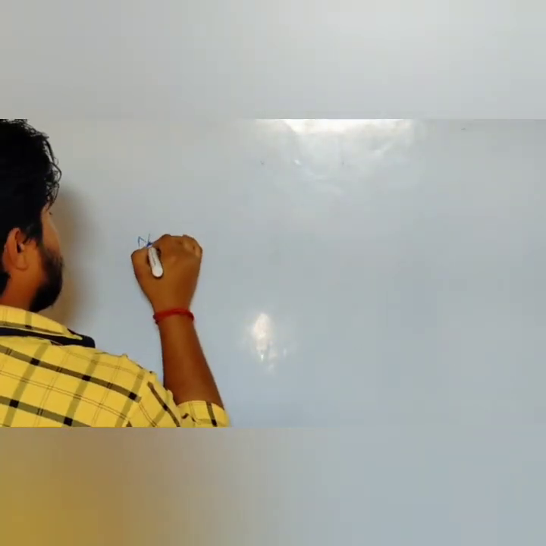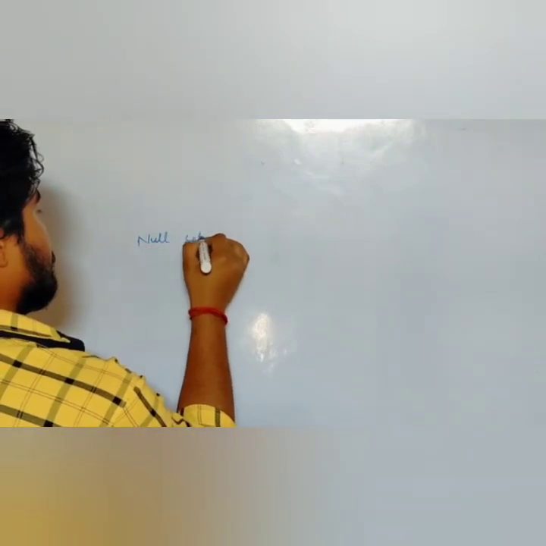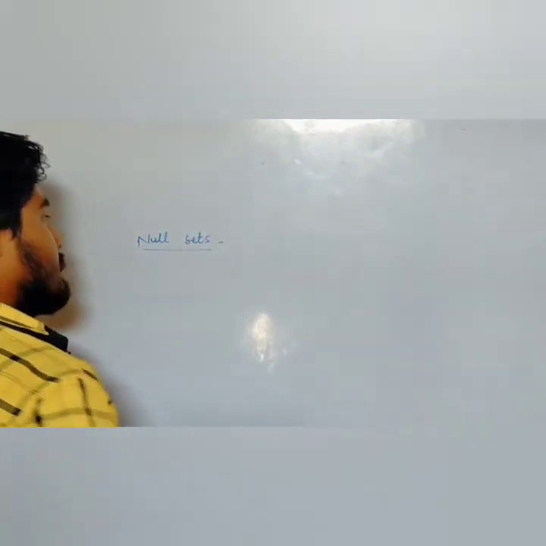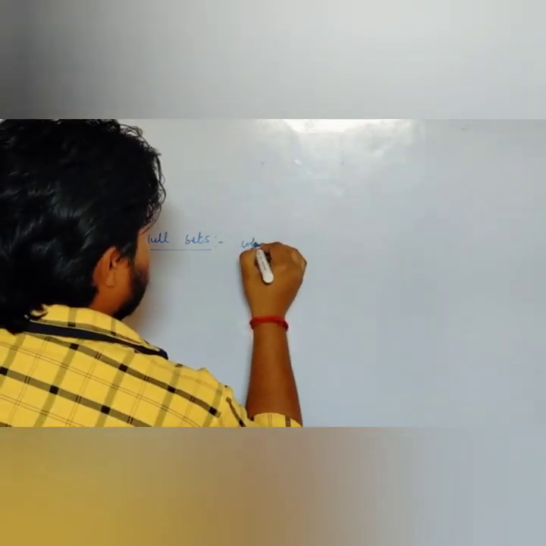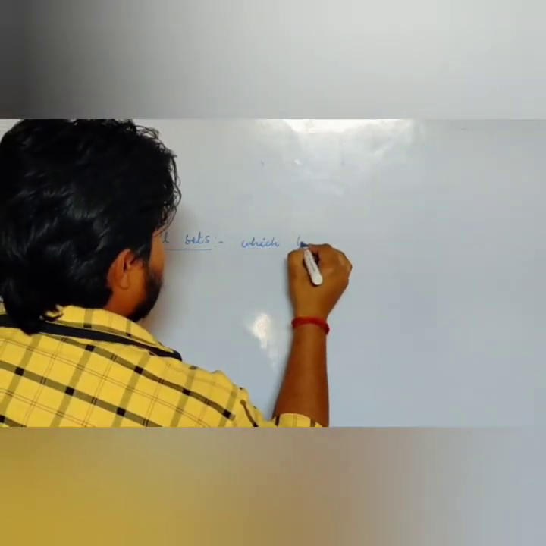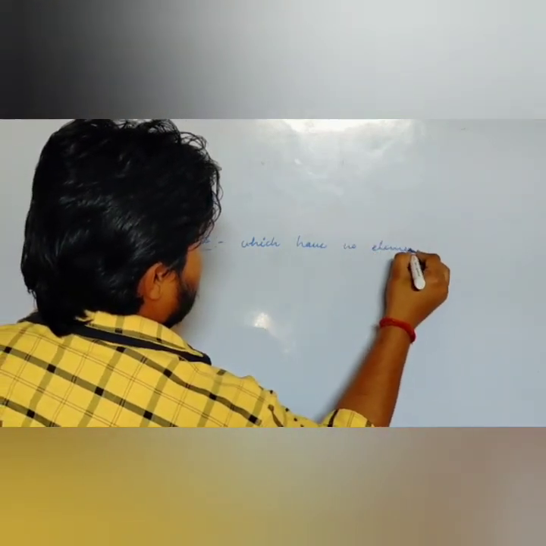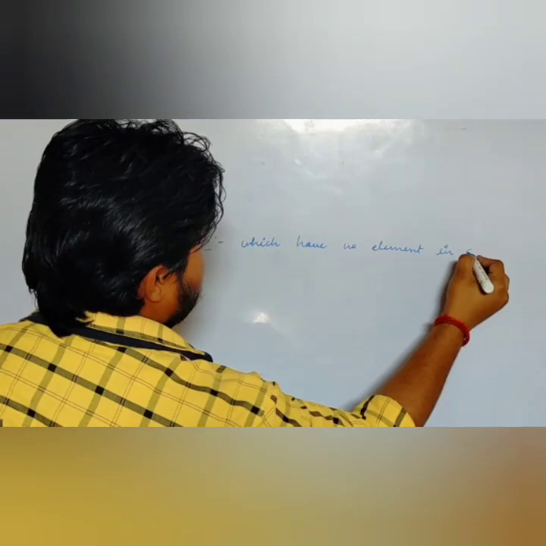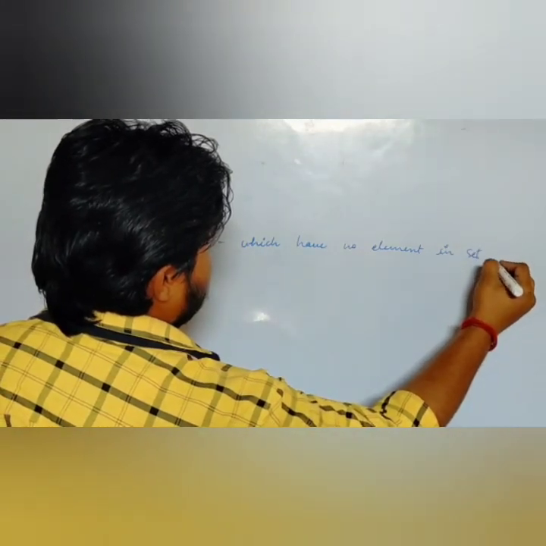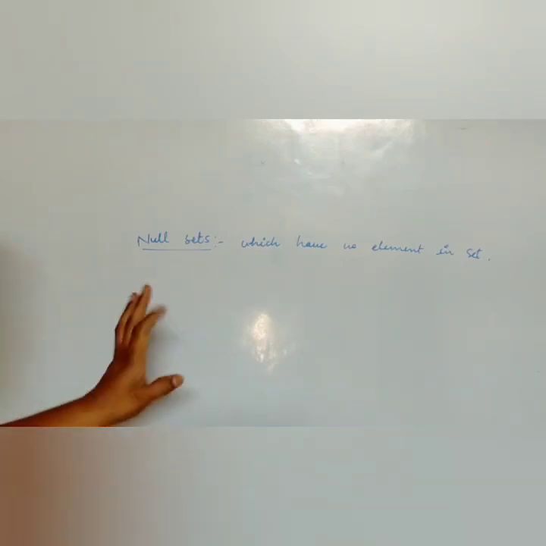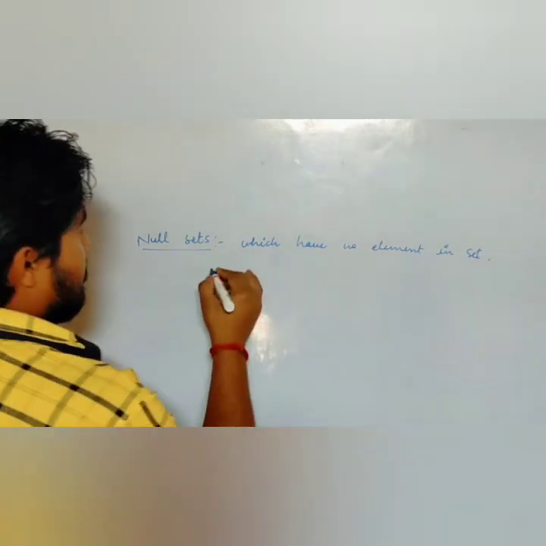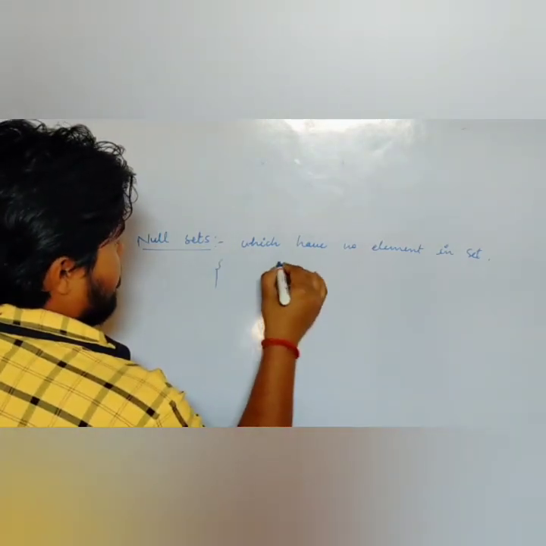We talk about a null set. A null set means a set which has no element; there is no element in the set, it is empty.